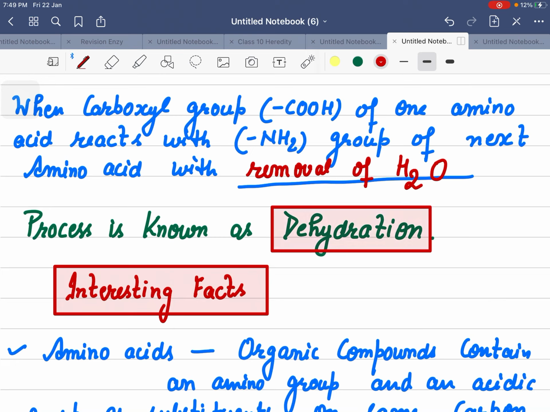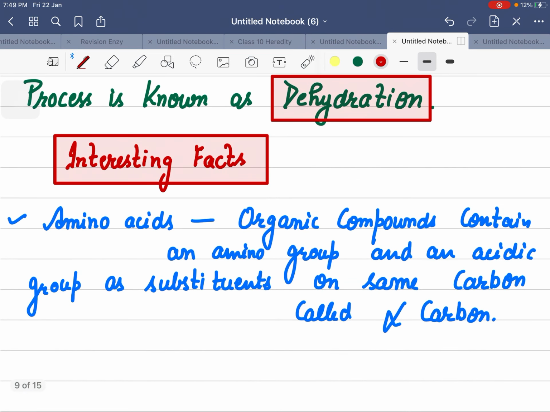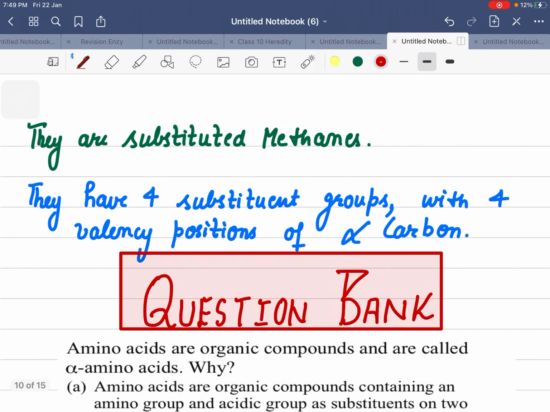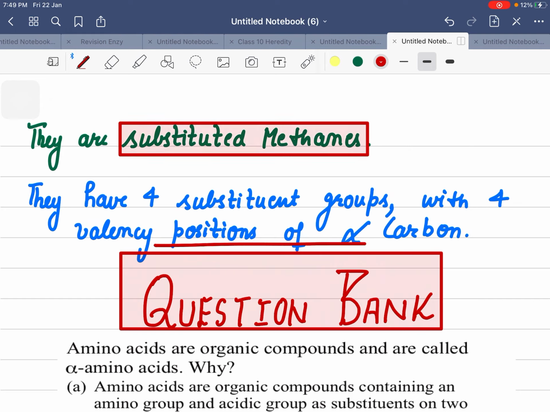Amino acids are organic compounds which contain two major groups, an amino group as well as an acidic group on the same alpha carbon. That is why they are also known as substituted methanes, because they have four substituent groups with four valency positions of the alpha carbon.